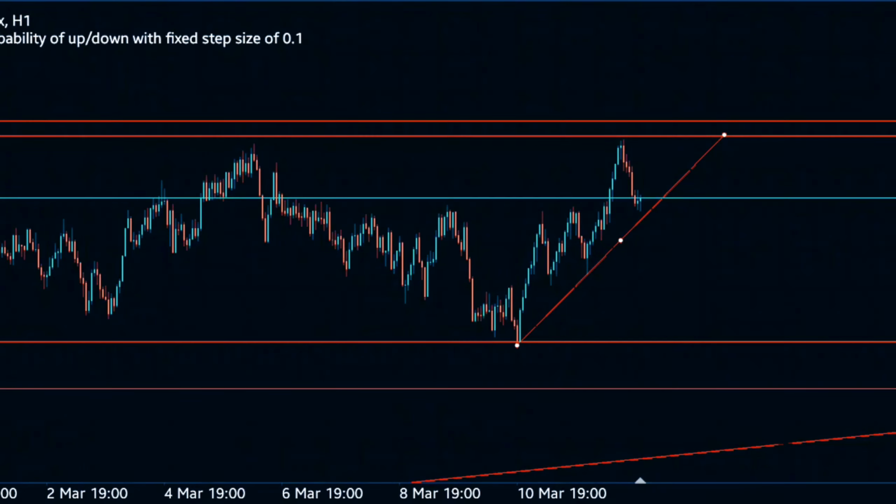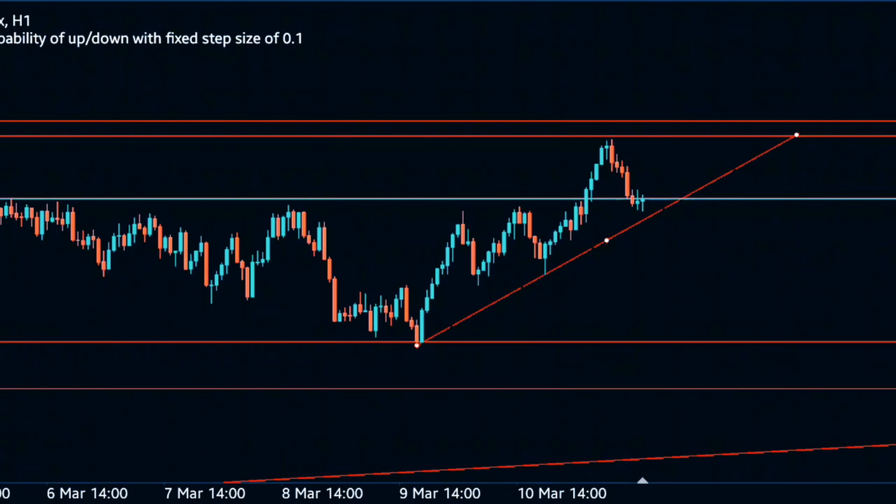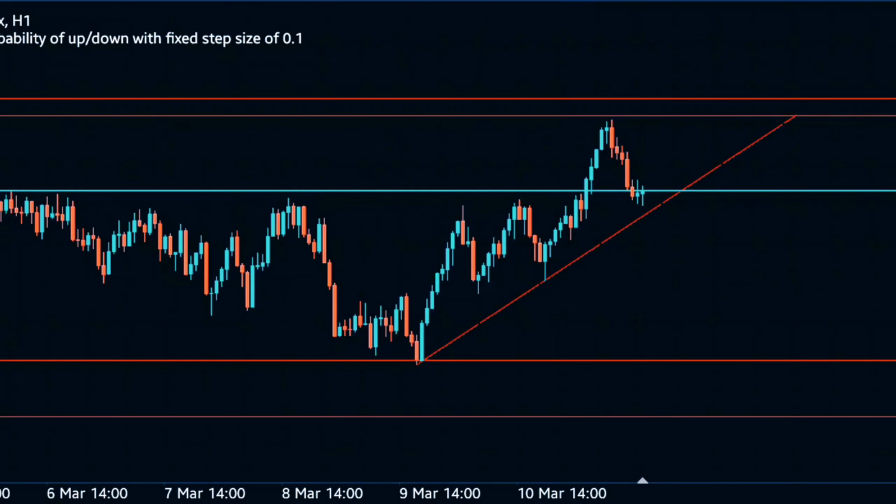So that's why I put my trend line there, at the tip. Now, where are we? Once again, let me put the 1 hour support. This is where we are.